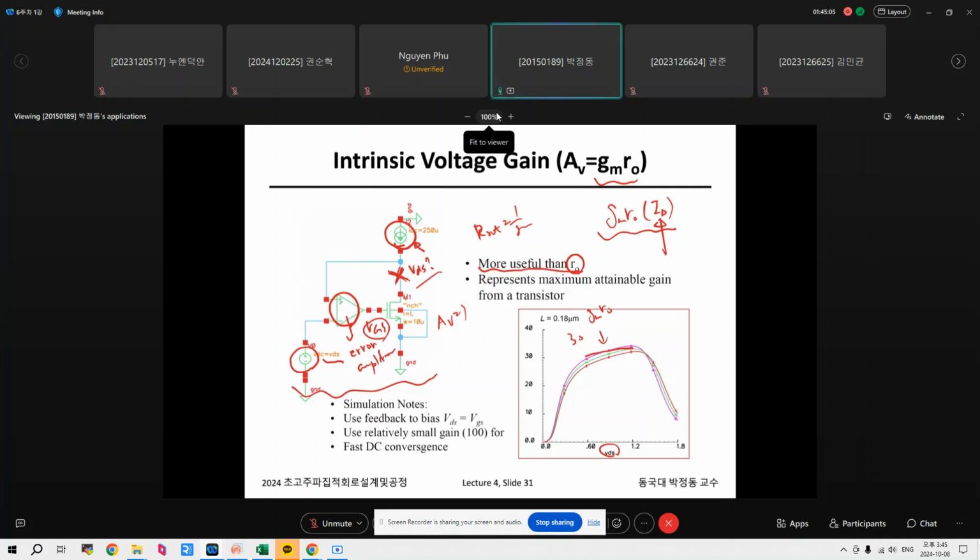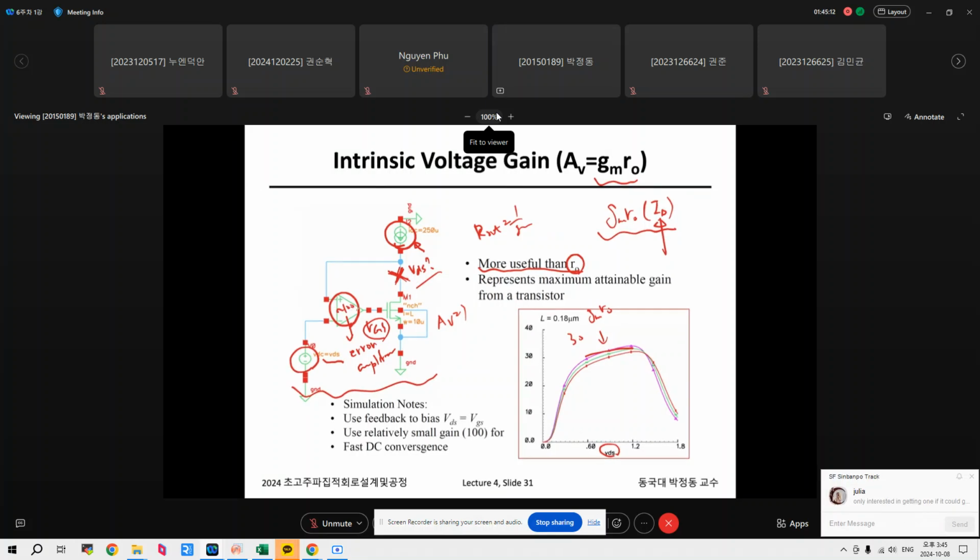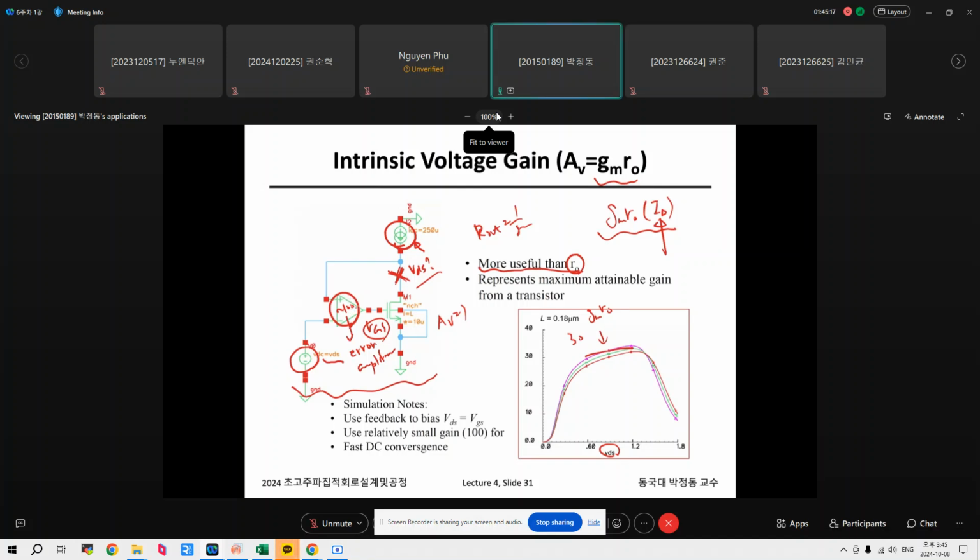Since the gain of this error amplifier is relatively large, around 100. If this value is bigger than 100, then it takes more time to converge. But anyway, what happens is that this just drives this VDS value close to this value.